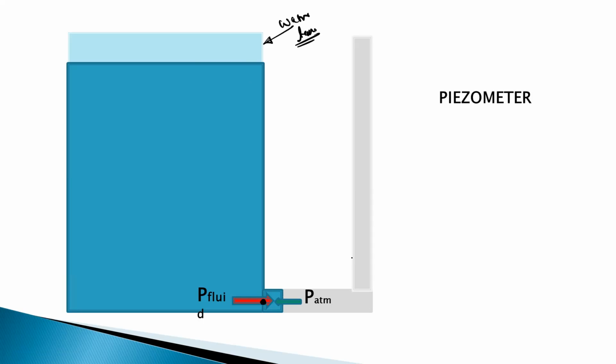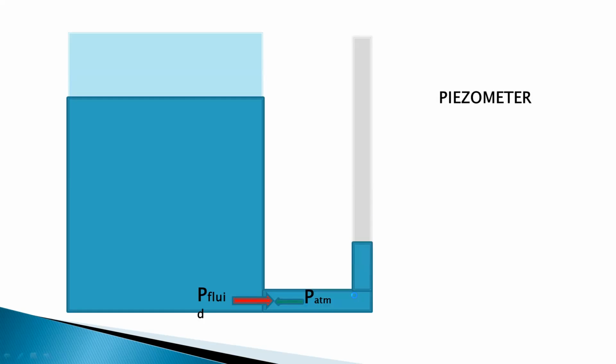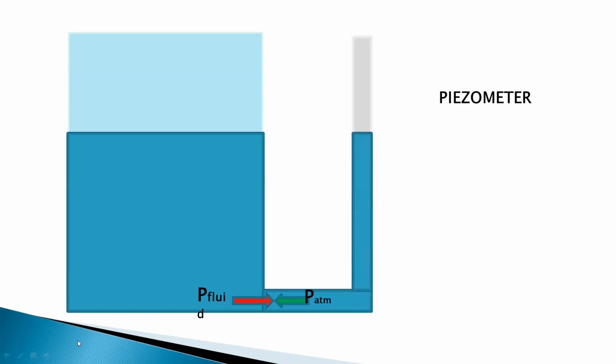Okay, and when we connect the tube, and if you open this, then water will flow inside this tube like this. Okay, and after some time, at a particular level, there is an equilibrium.